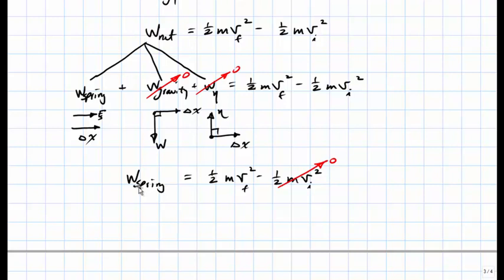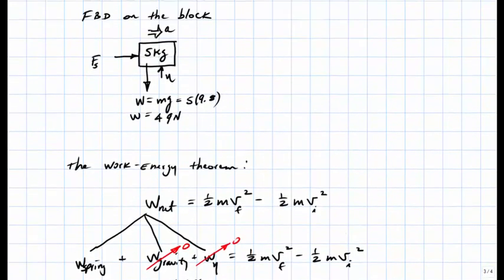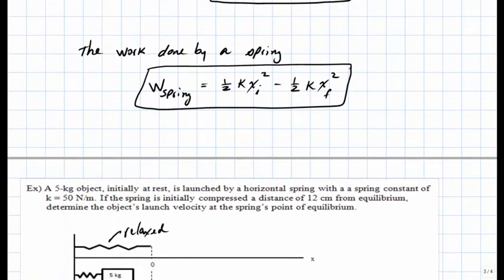In order to determine the work done by a spring, we will rely upon the equation that we discussed a few moments ago. Here's the equation, and we're now going to apply it. So again, the work done by a spring is given as 1/2 kx initial squared minus 1/2 kx final squared, and we'll introduce that into our equation.